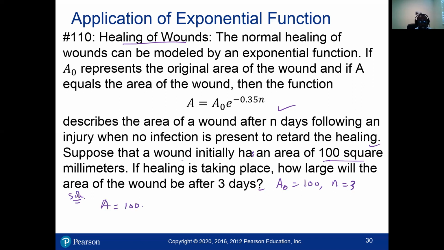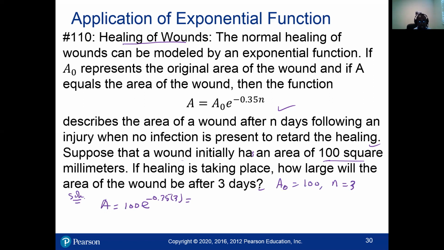A is equal to 100 times e raised to minus 0.35 times 3. Okay, now we have to evaluate that. If you use your calculator and evaluate it, we should get a very good answer there, which I've done here.